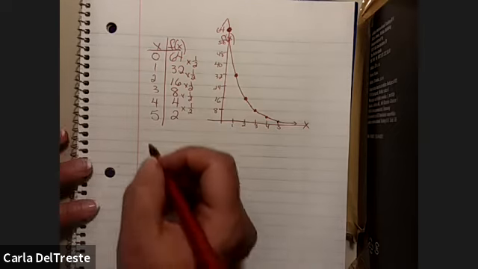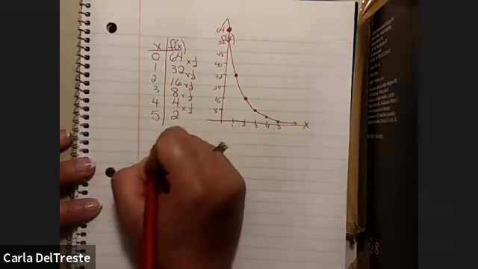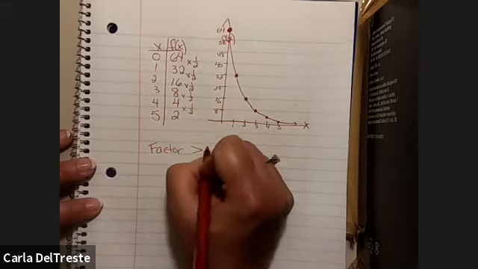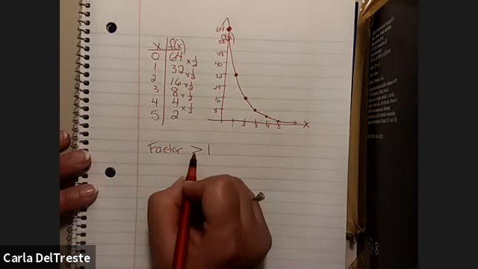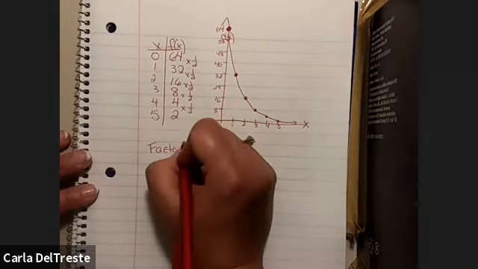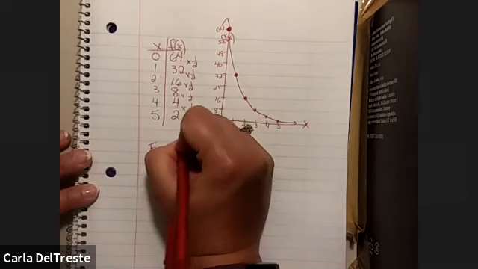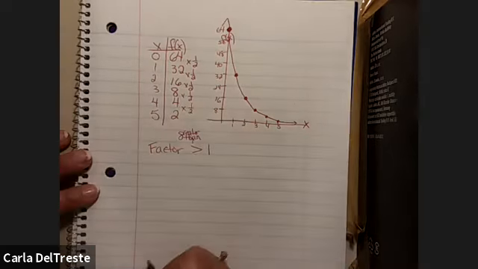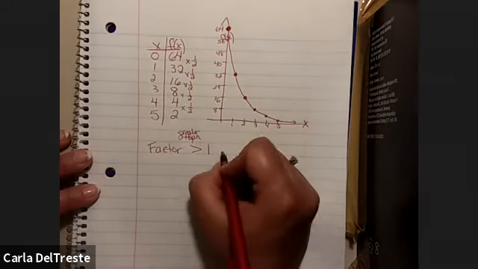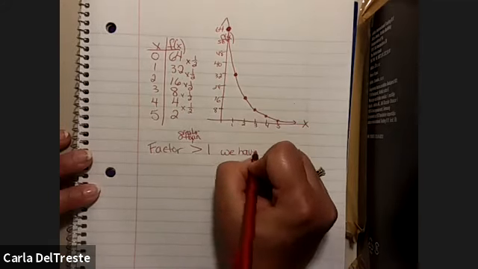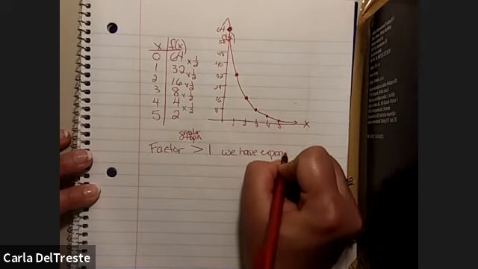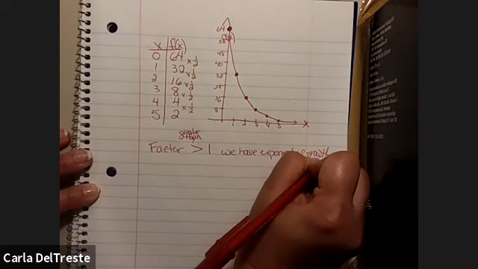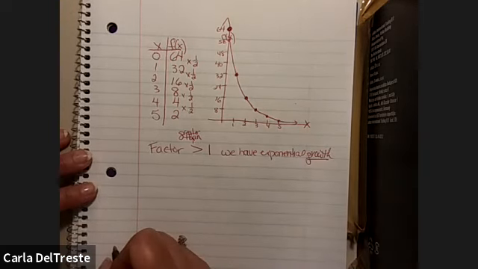So that's a fact that we can now write out. If the factor is greater than 1, okay, so this is our greater than sign. If you are going to think that you're going to misread that, you can write it in words. If the factor is greater than 1, we have exponential growth, because we're multiplying and it's getting larger and larger and larger.